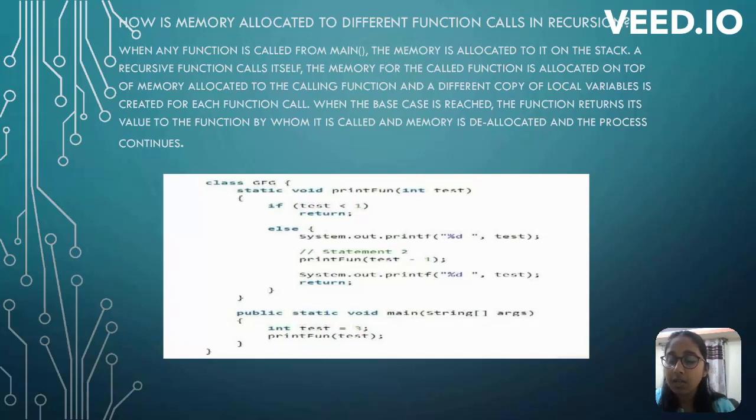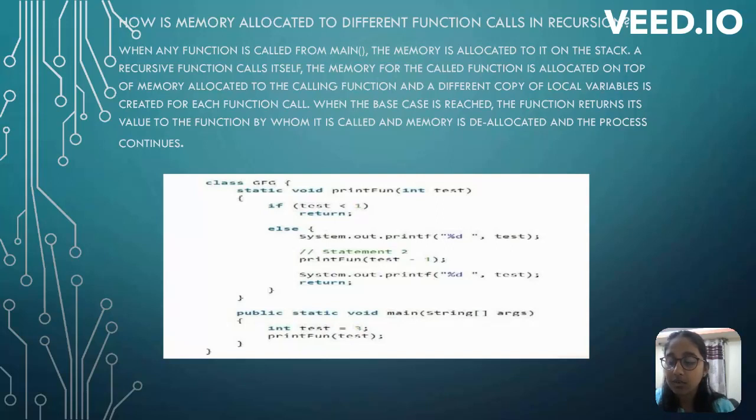It prints the value of test using the System.out.printf statement. Then it calls the printFunction method again with the parameter test minus 1. This is the recursion point where the method calls itself with a smaller value of test.